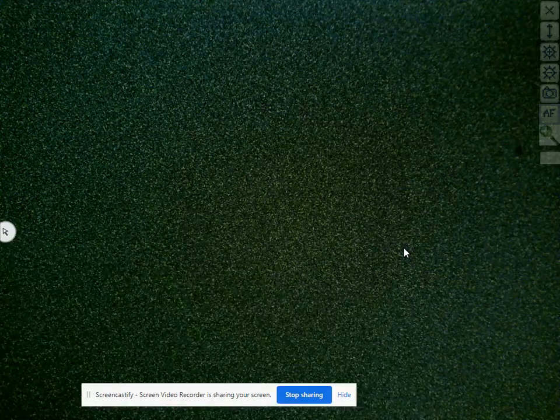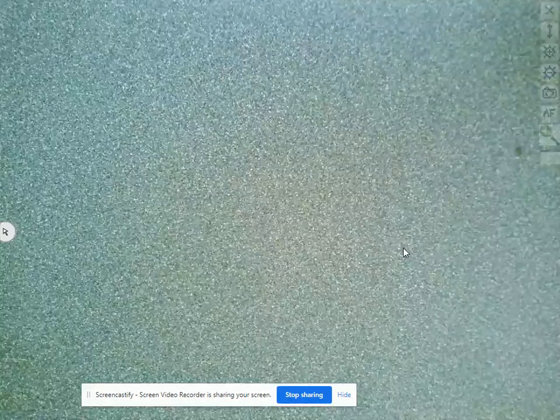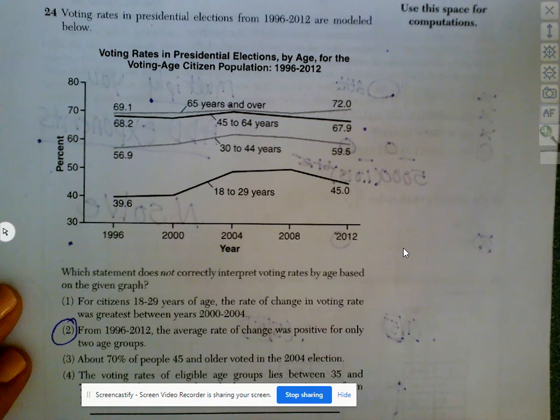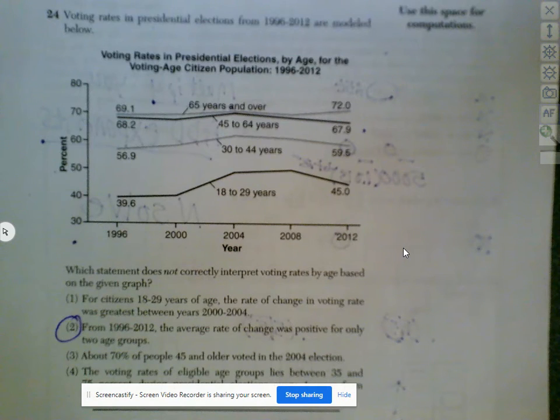All right. Last question for this review. We have this crazy graph. So we just really have to make some conclusions about this graph. And it says voting rates in a presidential election from 1996 to 2012 are modeled below. Voting rates in the presidential elections by age for the voting age citizen population.